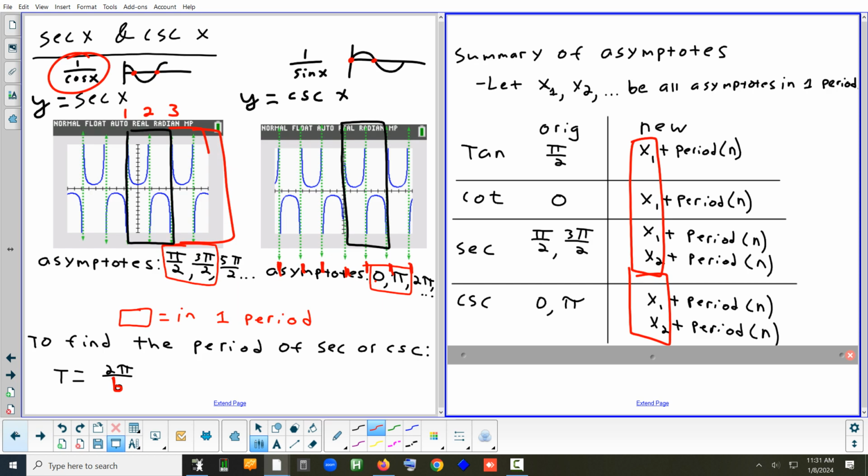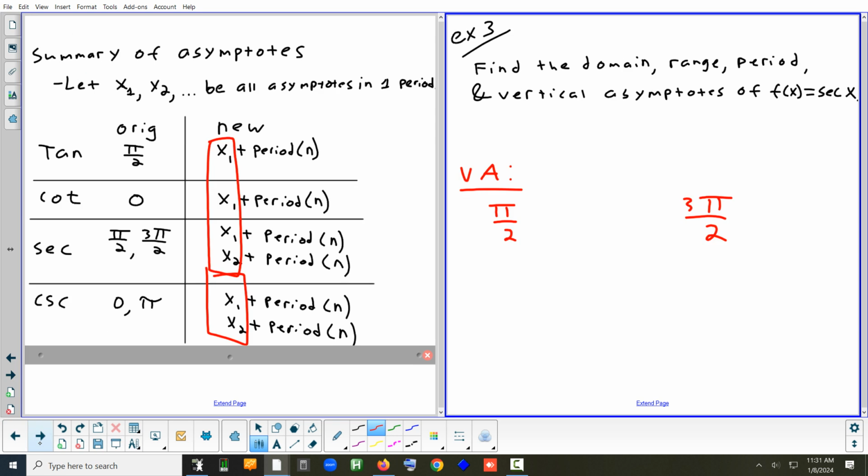So to find the period of secant or cosecant, it's 2 pi divided by b. In this case, b is 1 because there's no number in front of x. So this asymptote repeats every multiple of 2 pi. That's how you write it. And it's vertical, so usually we put x equals.